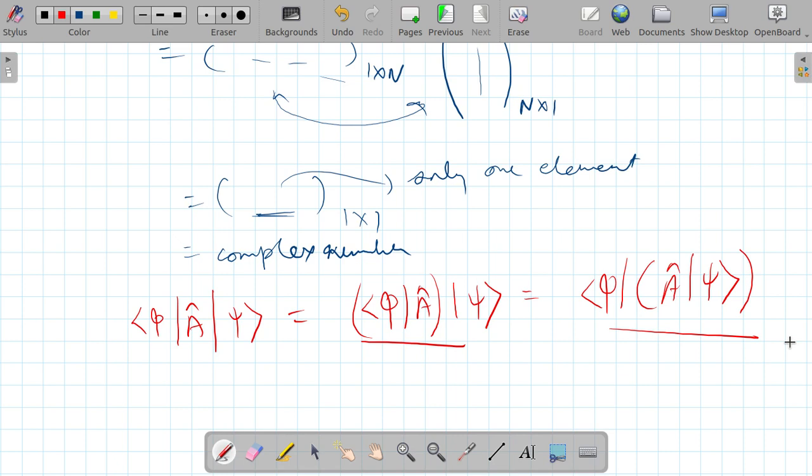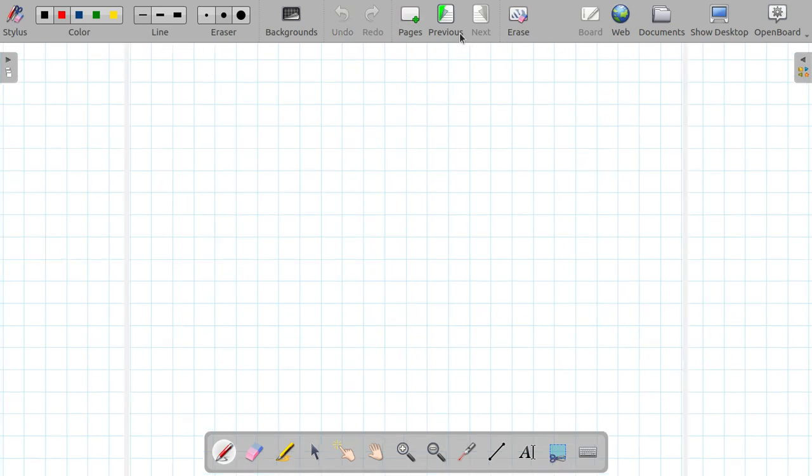Now let us talk about the projection operator.